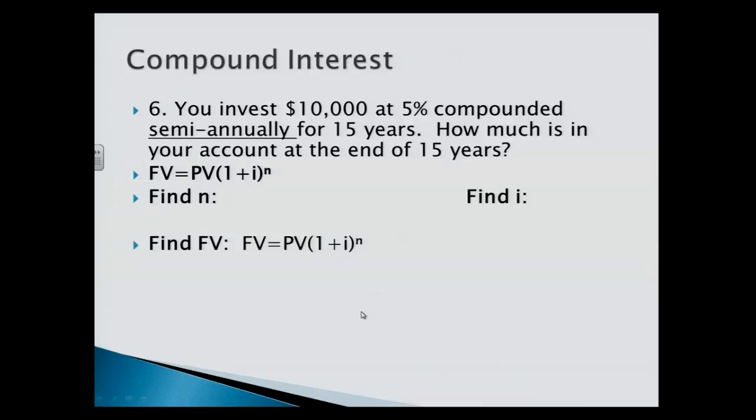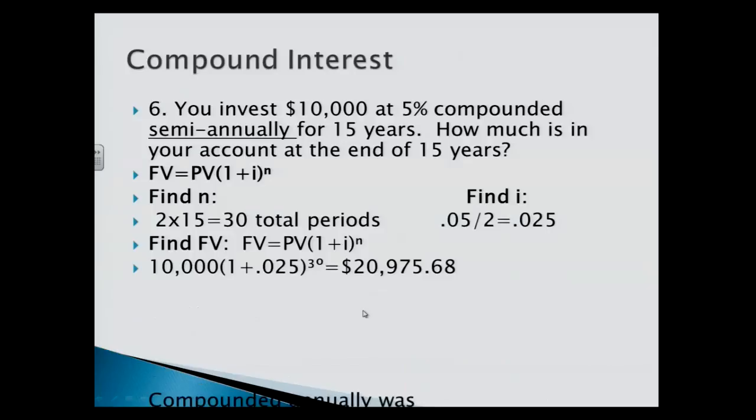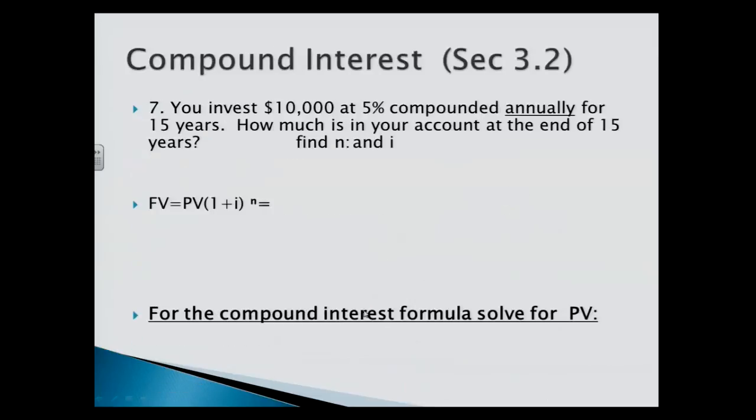There's another problem you can solve by yourself. By the way, we're up to section 3.2 in your textbook. Here's another problem. I'd like you to pause the video, calculate N and I, and substitute it in.